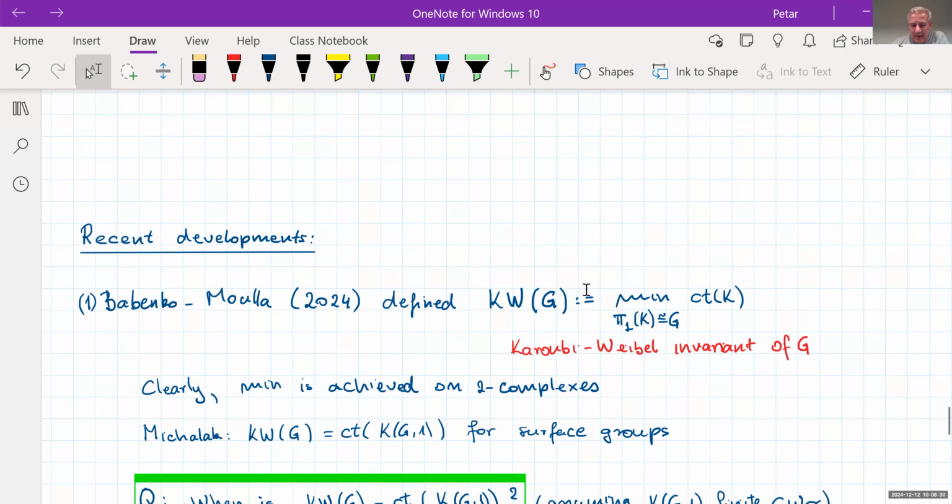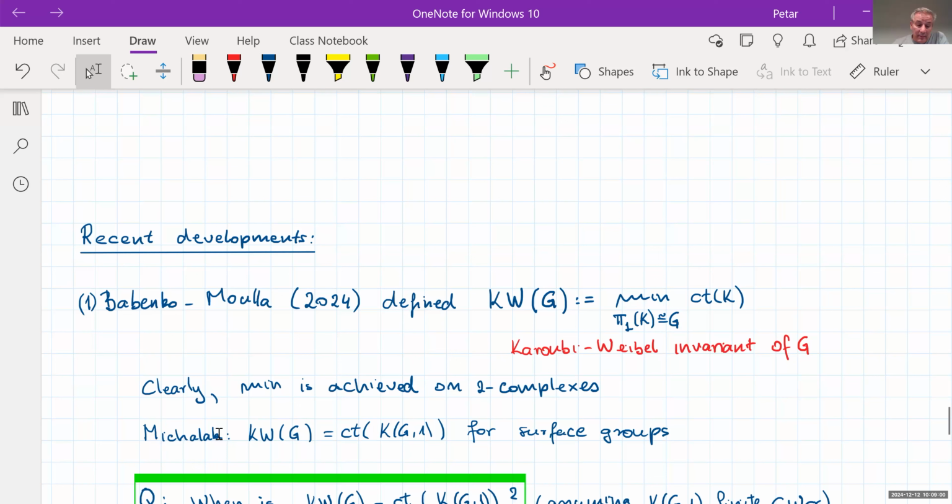This one is much wider, so you can take the Karoubi-Weibel invariant of G as a minimum of the covering type of a complex K which has G as its fundamental group. And it's kind of obvious that you can always assume that K is a two complex, otherwise you just take a two skeleton. So the minimum is achieved on two complexes.